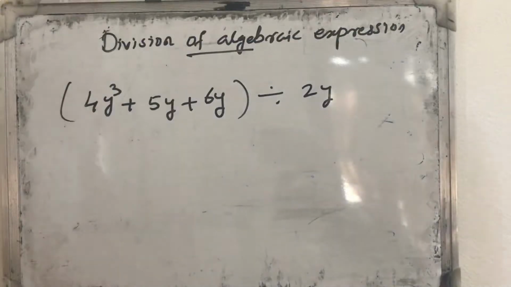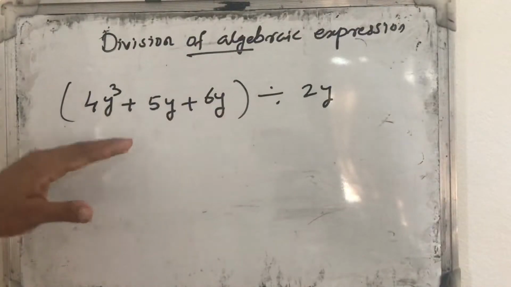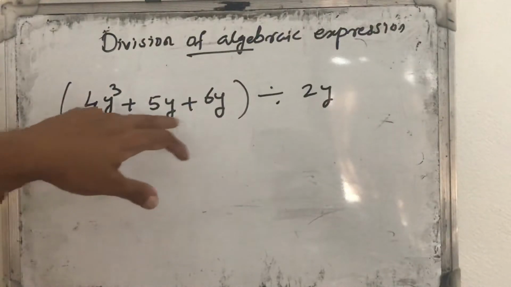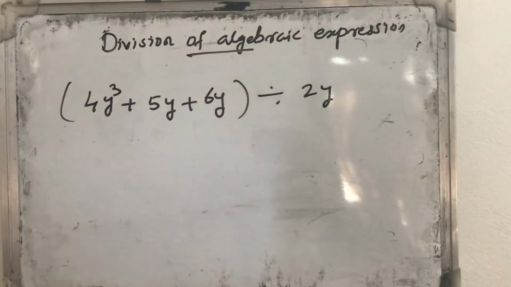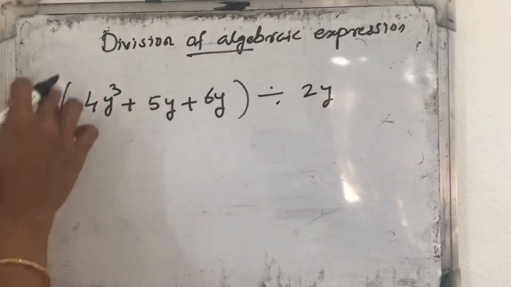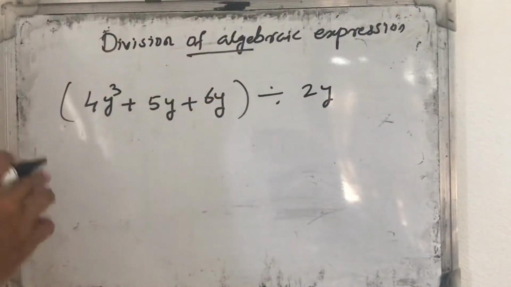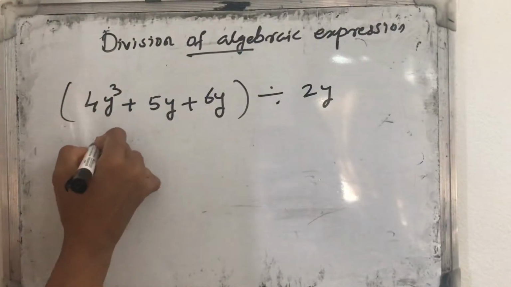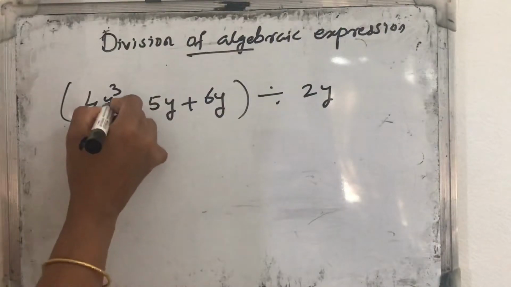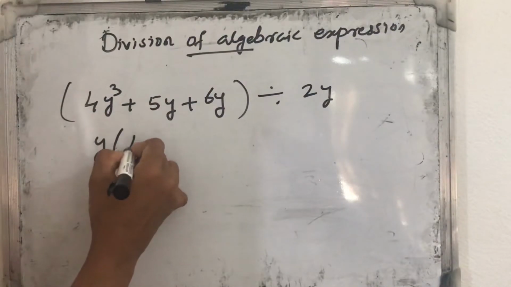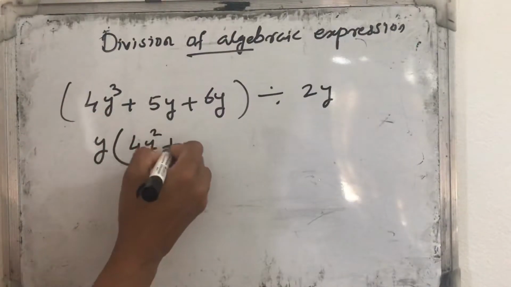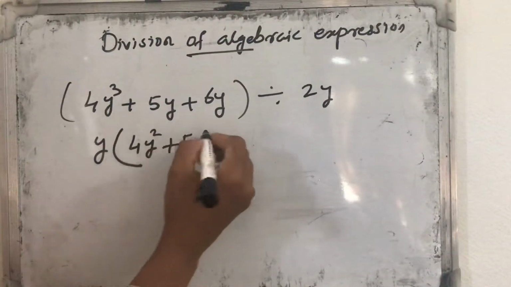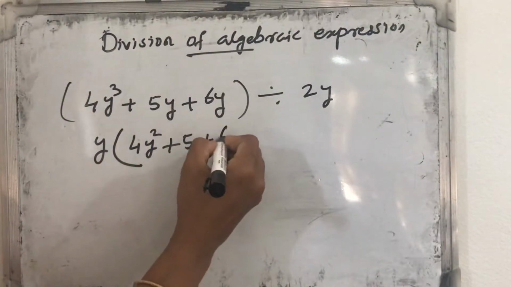Here the divisor is a monomial and the dividend is a polynomial with three terms. In this type of question, first we find the common factor in the three terms. y is common. When we take y outside, what remains is 4y square plus 5 plus 6.